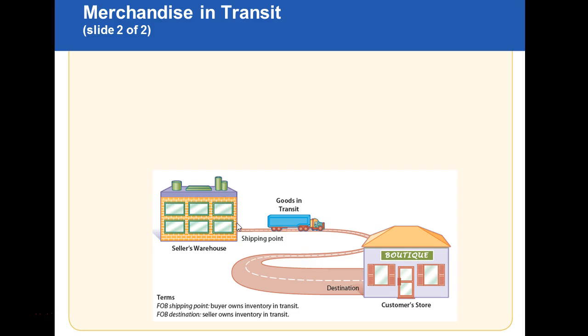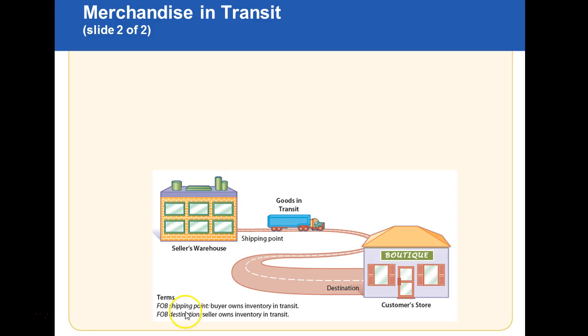FOB shipping point means the buyer pays the shipping. If FOB destination is the means of shipping, then the seller pays for the shipping until it hits the boutique. So goods that are in transit, if it's FOB shipping point, mean the buyer owns those goods.